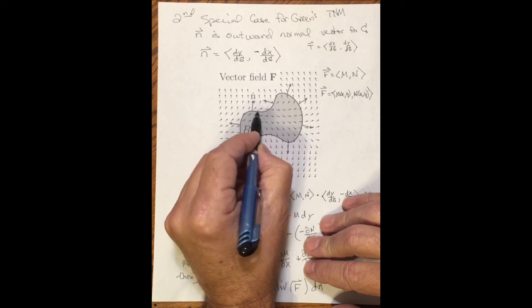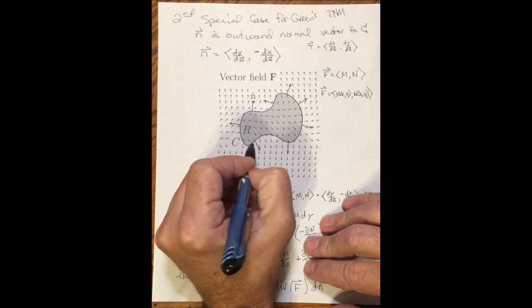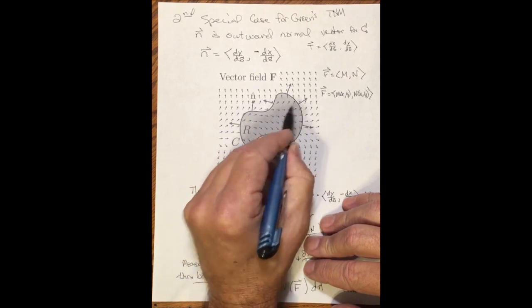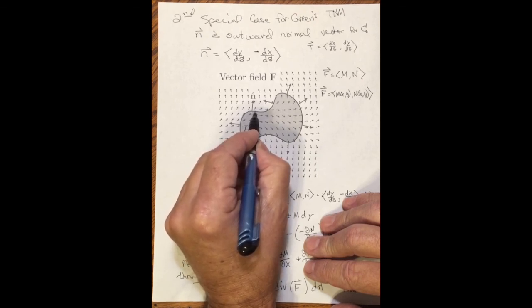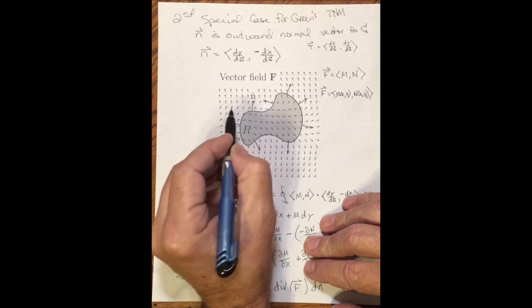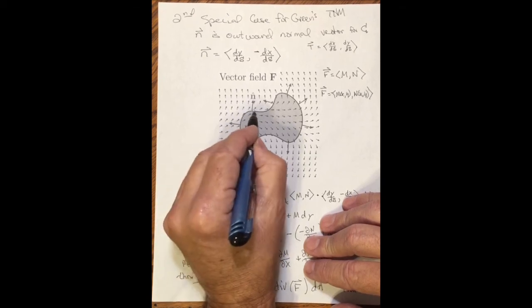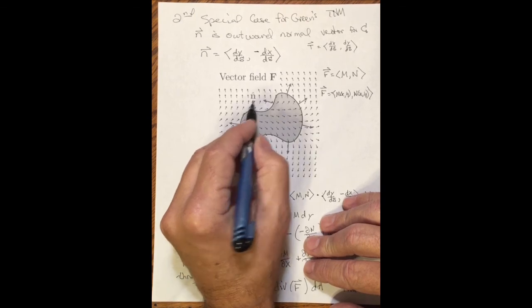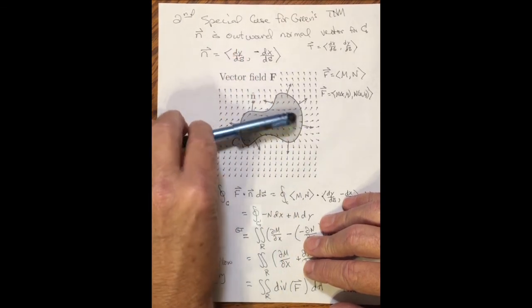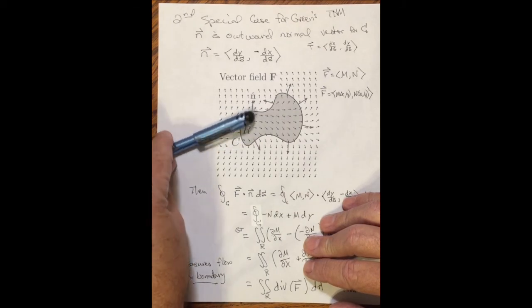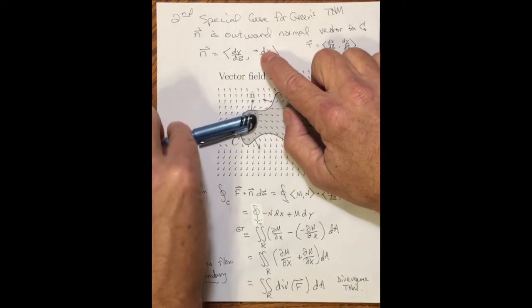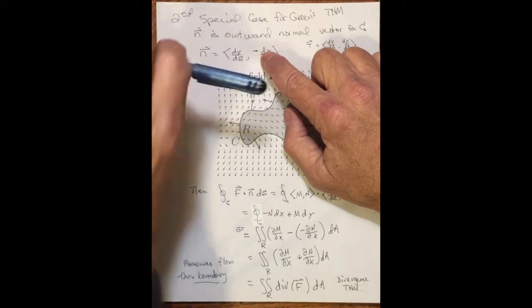If you're going in this direction, x is the only thing that's changing, but x is going in the negative x direction if we set up a coordinate system. So that's why we make that negative. Or another way to say it, my pen would kind of be the tangent vector, and the negative is going to make us take a 90-degree rotation.